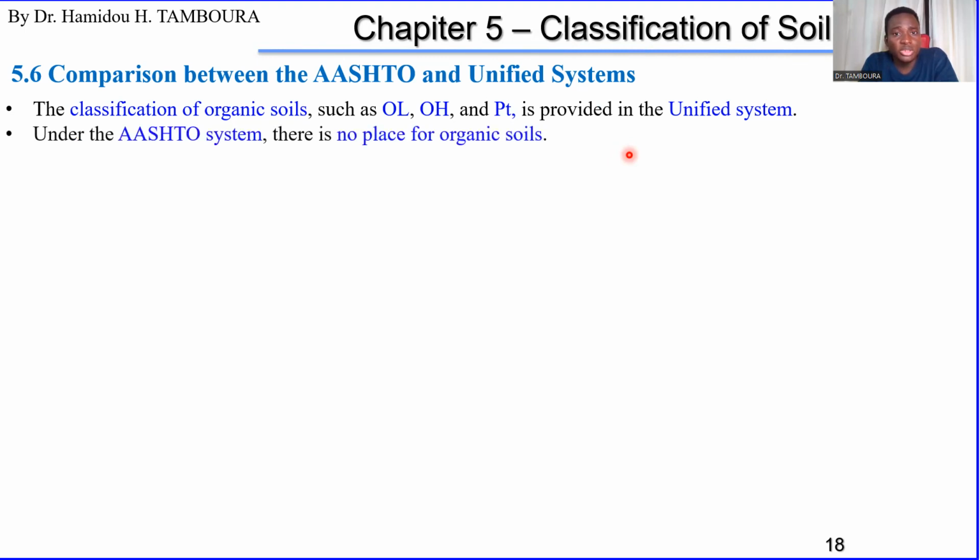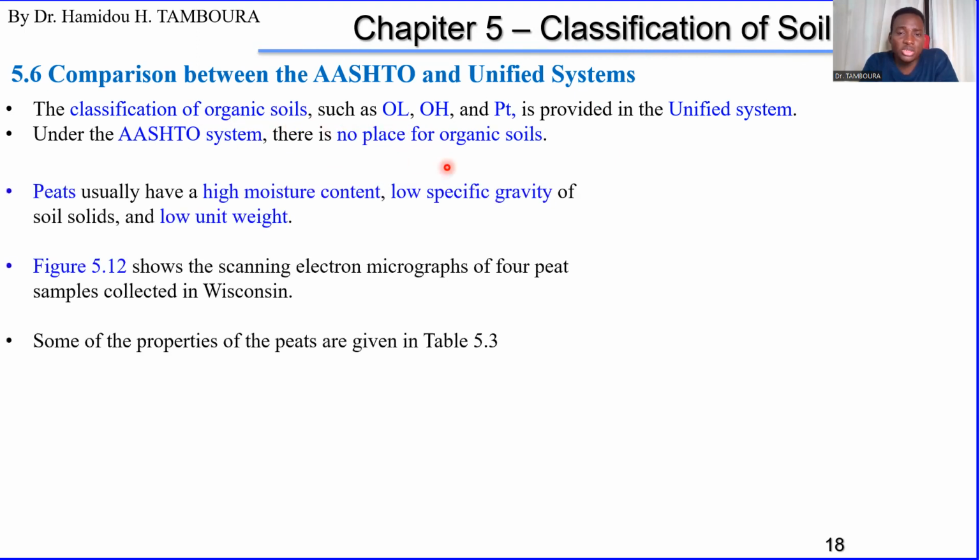So in the AASHTO system, there is no place for organic soil. This is also a disadvantage of the AASHTO system in this case. Peats usually have high moisture content, low specific gravity, and low unit weight.